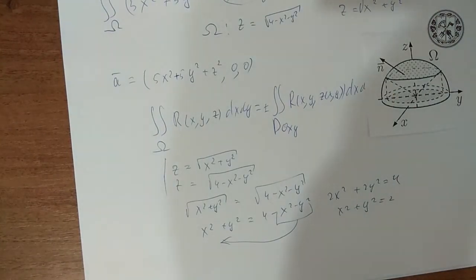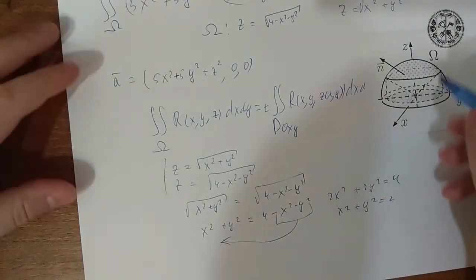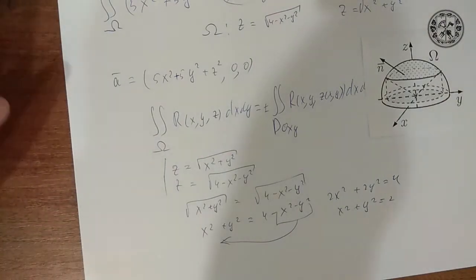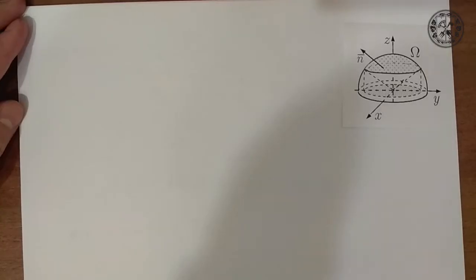Now we know the equation of the circle that our surface projects into. So let's calculate it.